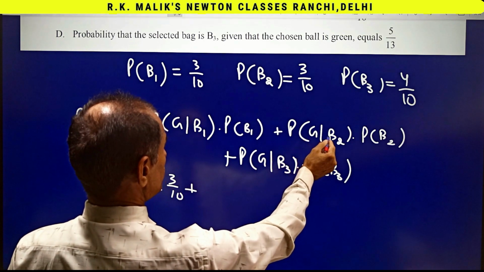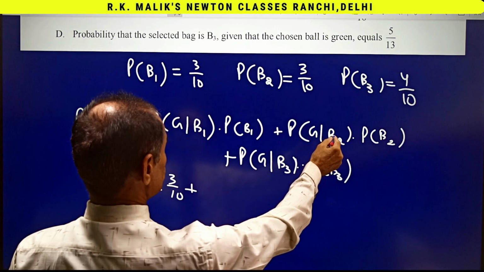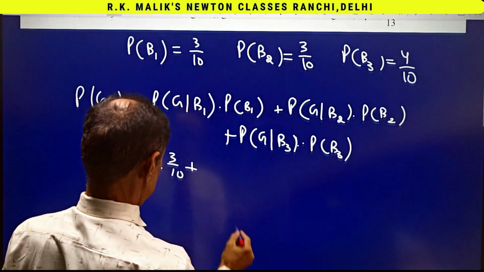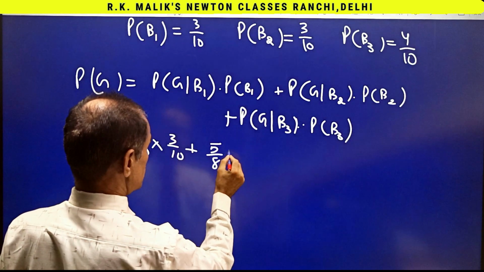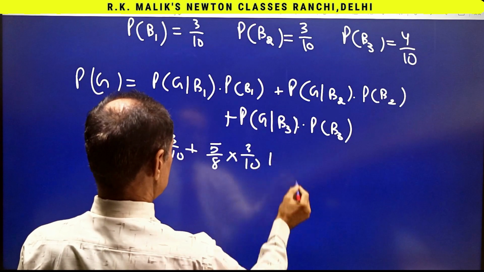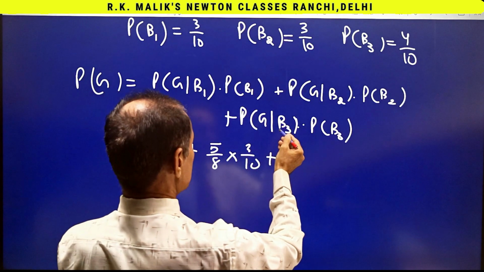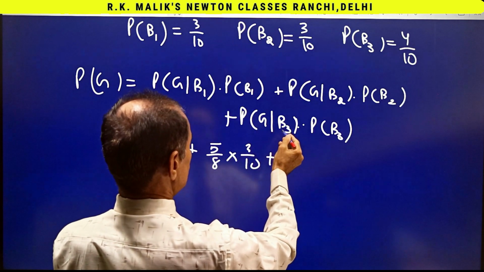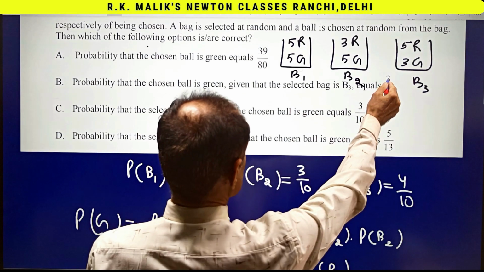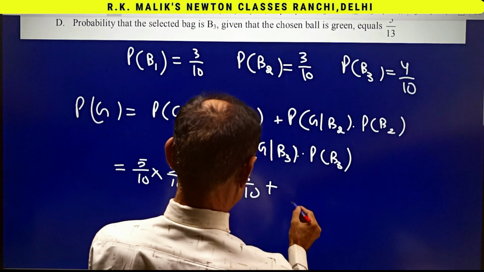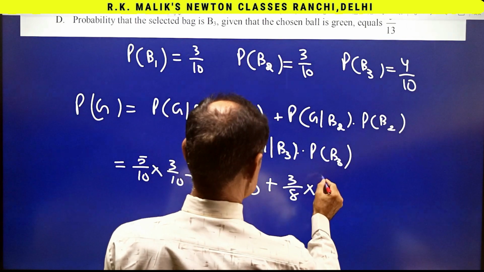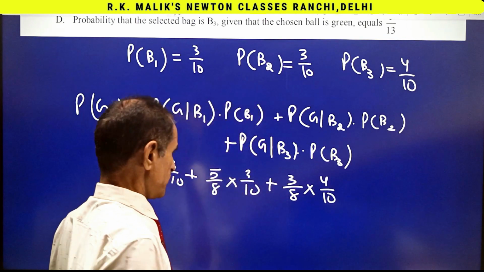Probability of selecting a green ball when we have already chosen the bag B2 will be 5 by 8, times the probability of selecting the bag B2, which is again 3 by 10. Probability of selecting a green ball when we have already selected the bag B3 is 3 by 8, times the probability of selecting the bag B3, which is 4 by 10.